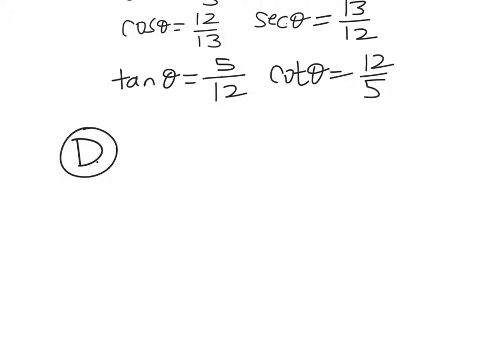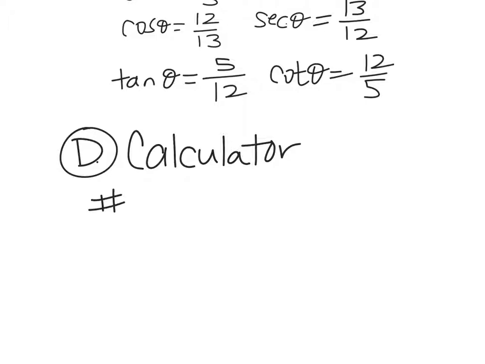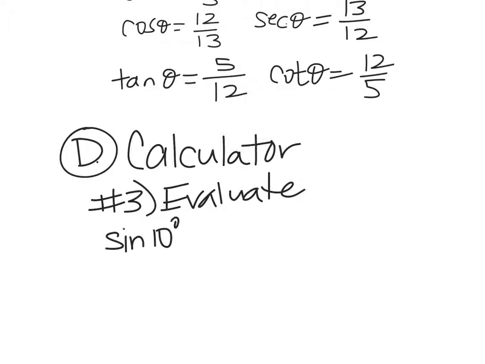All right. We've already done this a little bit, but let's go ahead and get our calculator out, and let's just find some trig functions of not nice numbers, not our 30, 60, 90, or 45, stuff like that. So let's go ahead and evaluate. So number 3, evaluate the sine of 10 degrees.